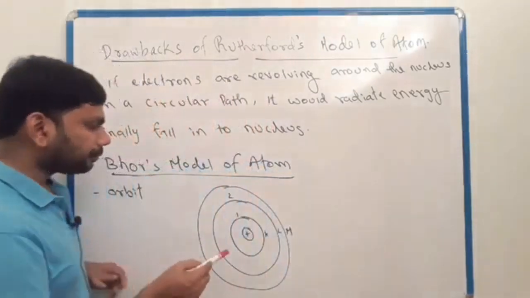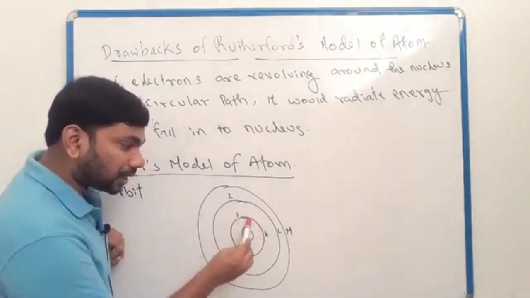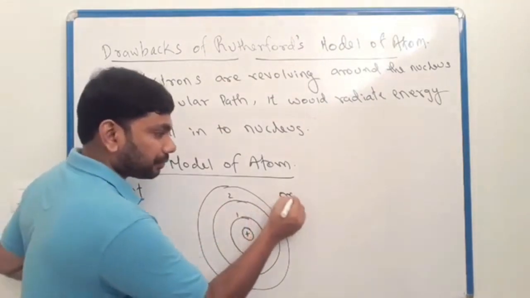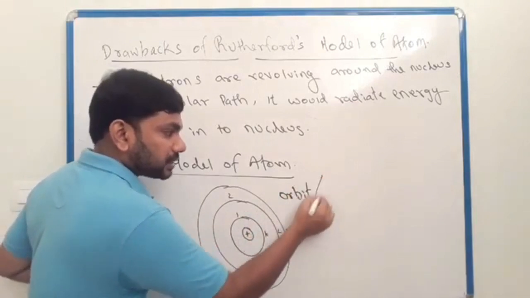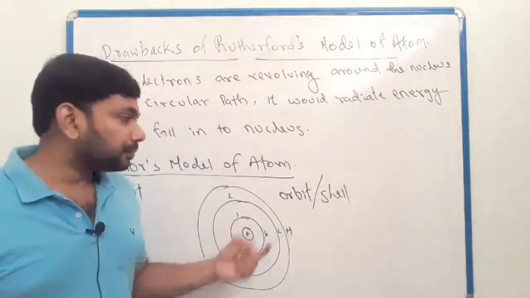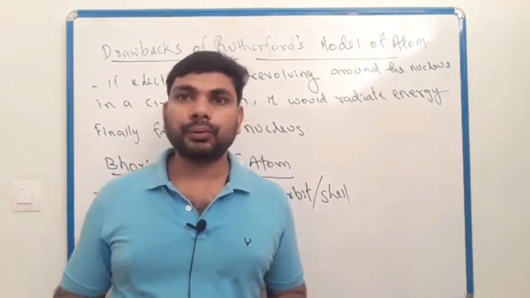Look here, this is the nucleus. Around the nucleus there are circular paths. This circular path is called an orbit, also called a shell. This orbit or shell was introduced by Niels Bohr.